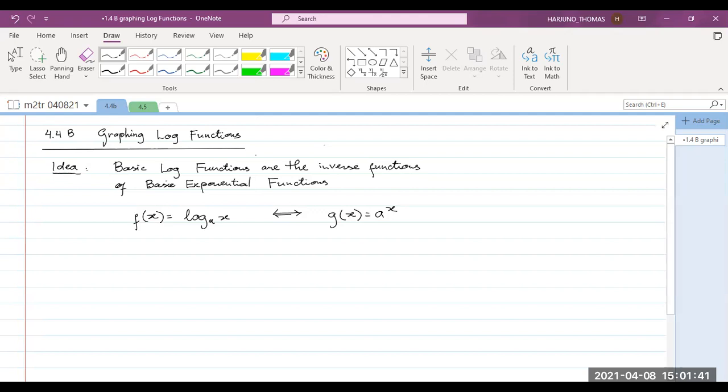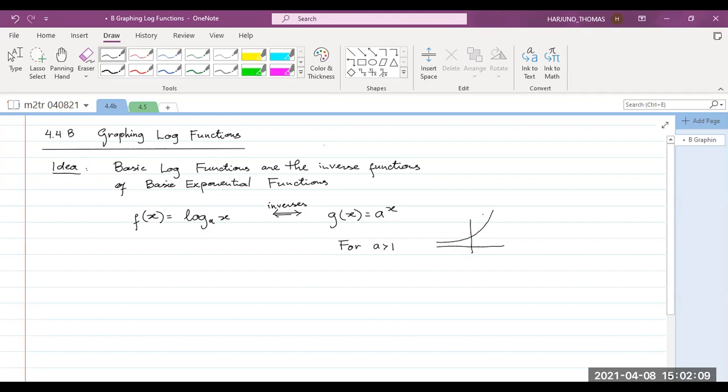They are inverses to each other. So the way we graph log functions will rely on what we know about exponential functions. For example, for base a greater than 1, we know the graph will look like this for the exponential function. That's what the graph looks like.